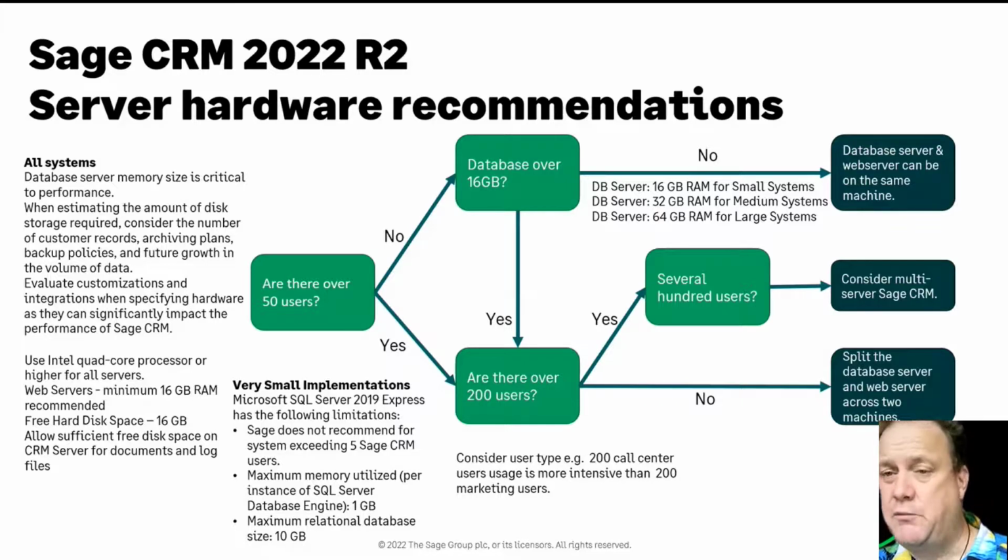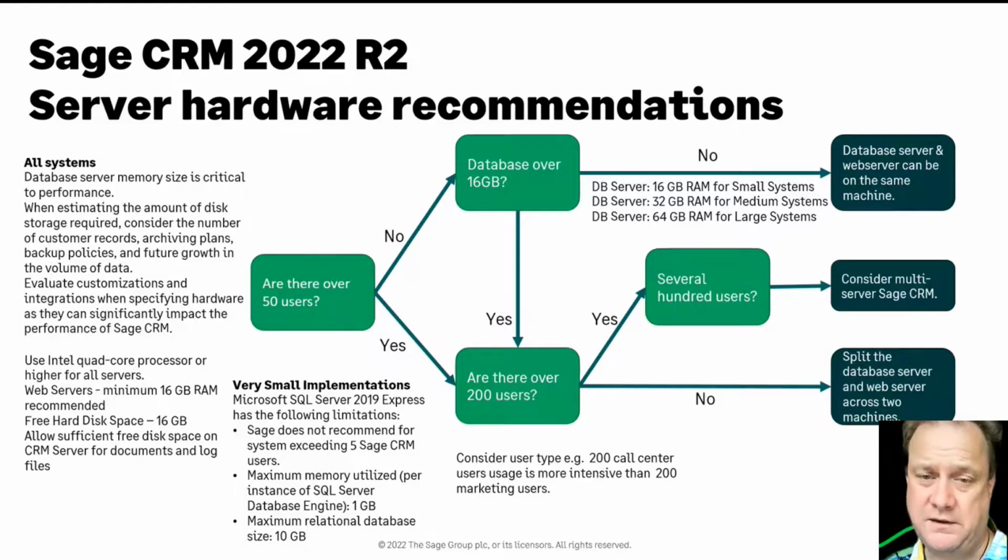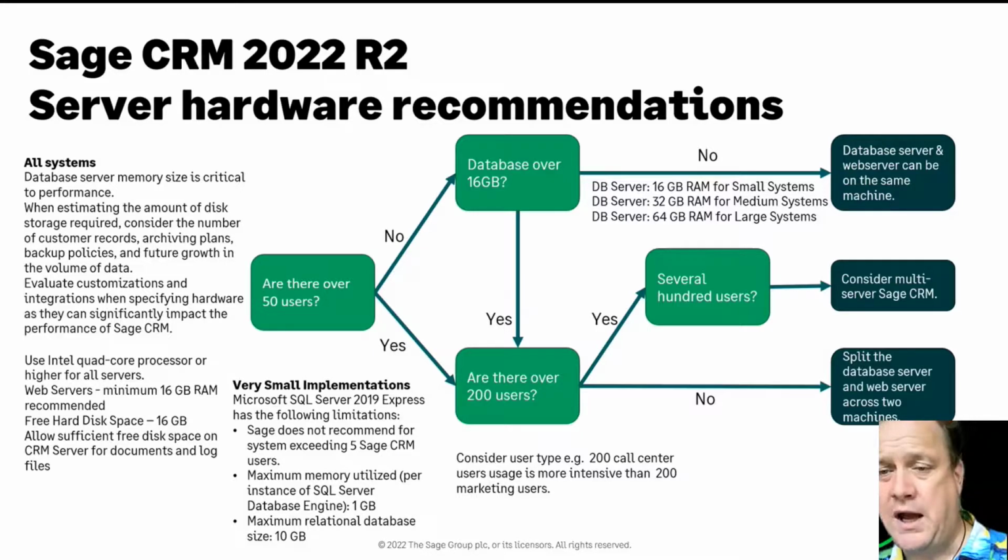Here for Sage CRM, we've adopted that as well. So we now talk about small, medium, large systems. Essentially, that's not saying anything about the sophistication of the users or even the intensity of use, but it is really just about database size. So we've made some additional server hardware recommendations for Sage CRM 2022 R2 onwards.